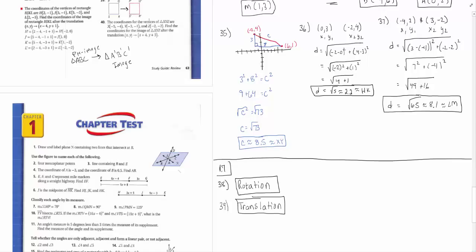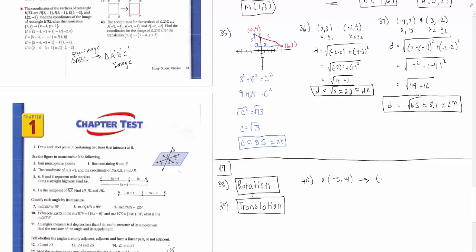So just using that as a quick reminder here, because here we got our coordinates for triangle XYZ, and they're going to be translated right 4 and up 5. So we need to make sure we can label that correctly. So we want to find the coordinates of the image if it's been moved. So we have point X, it's -5, -4, and what I'm going to do is move that point right 4 and up 5.